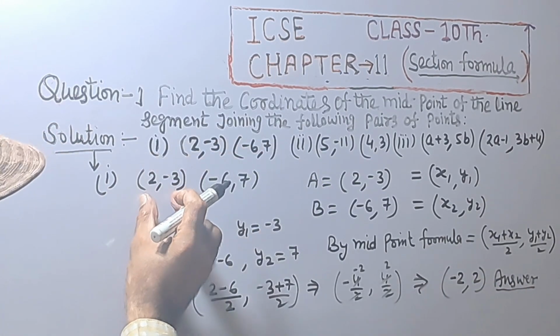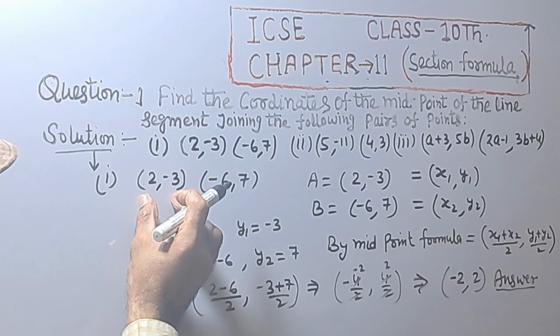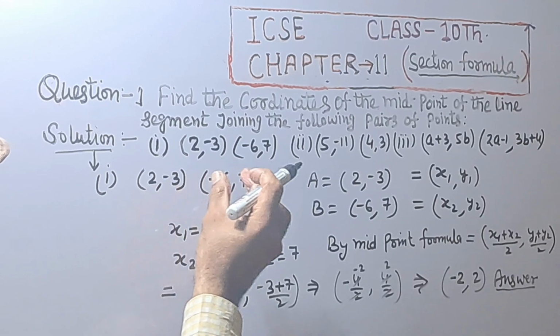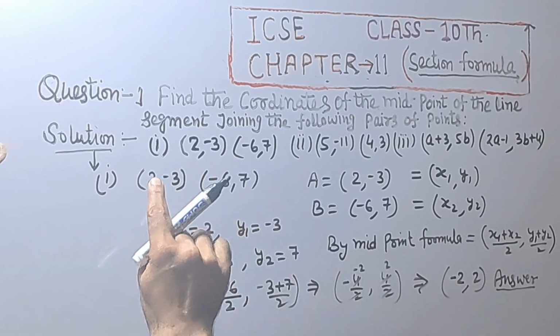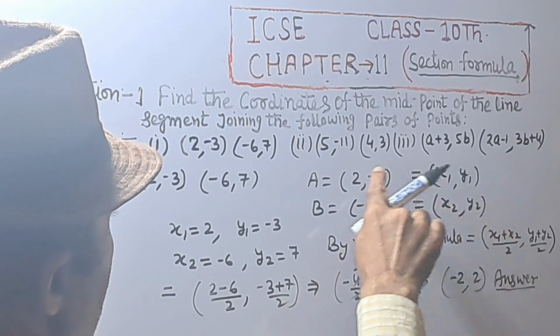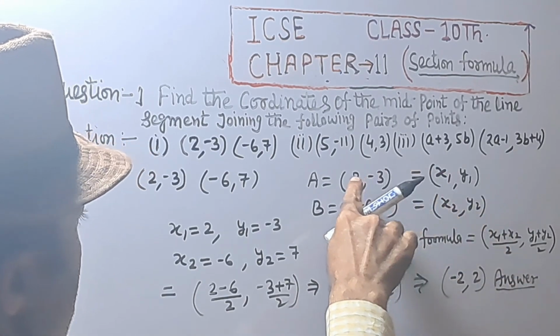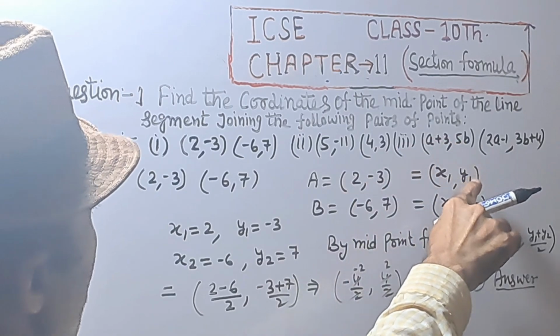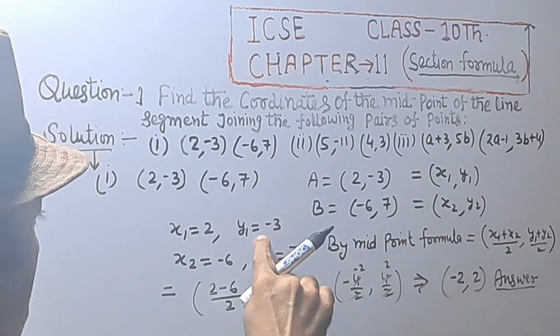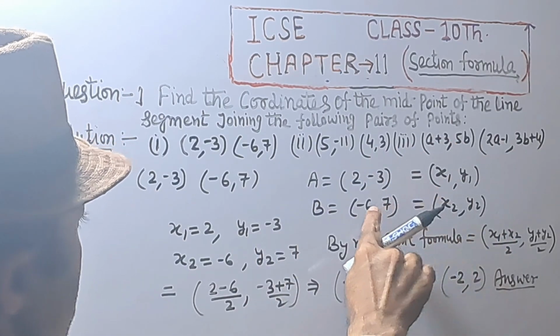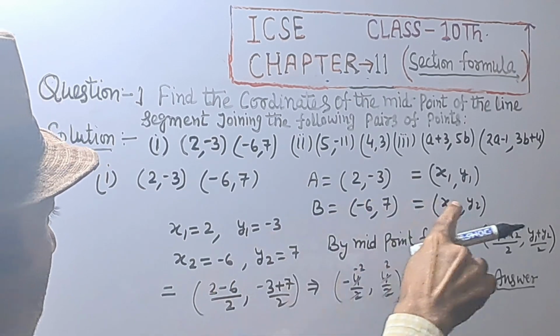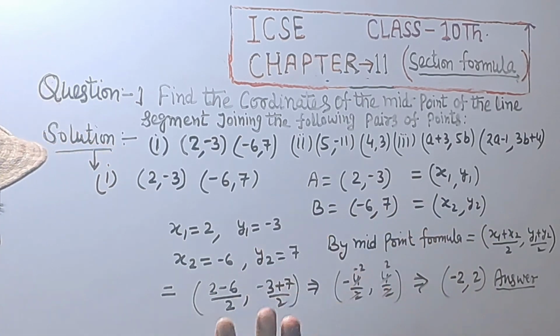First part, given points are 2, -3 and -6, 7, that is x1, y1 and x2, y2. X1 is equal to 2 and y1 is equal to -3. X2 is equal to -6 and y2 is equal to 7.